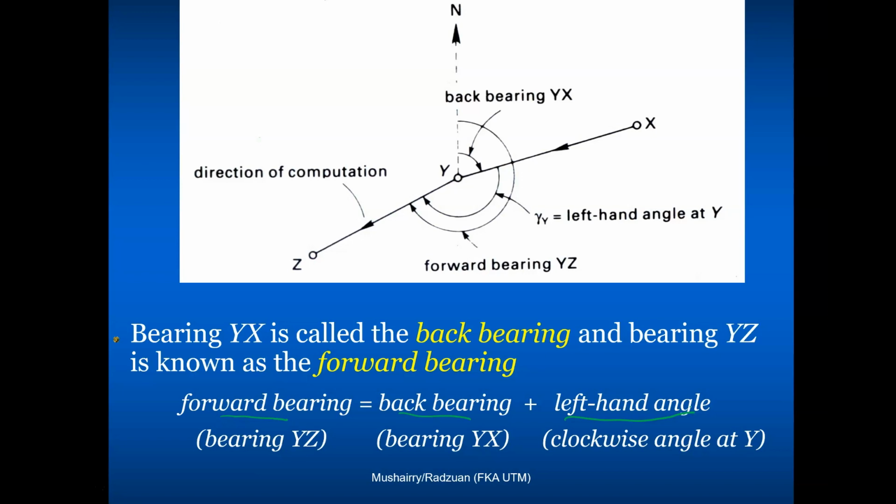Forward bearing in this case is Y to Z, back bearing in this case is Y to X, and the left-hand angle is basically the clockwise angle that we measure at point Y. If you have summed the values and you end up with a value greater than 360, you simply take away 360 from that number to get the actual bearing.